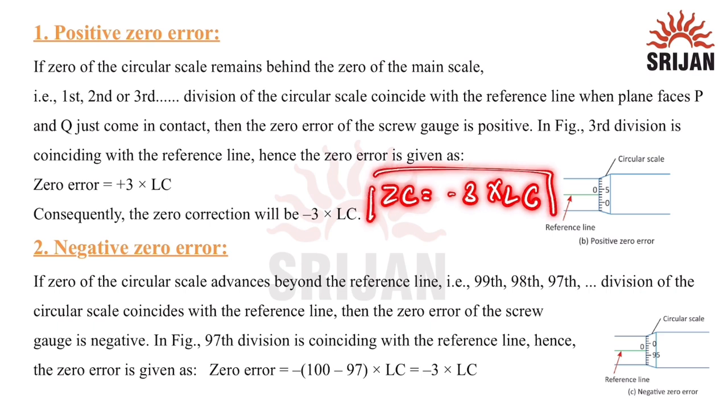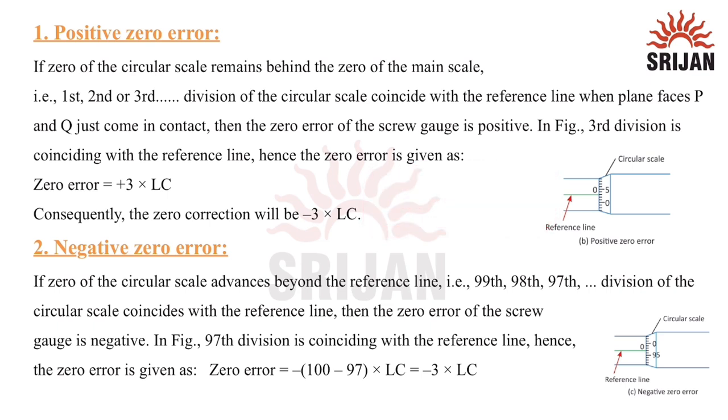Now, negative zero error. If the zero of the circular scale, that is this zero, advances beyond the reference line, we can say it is negative zero error. In this situation, the 99th, 98th, 97th and so on, divisions of the circular scale coincide with the reference line.